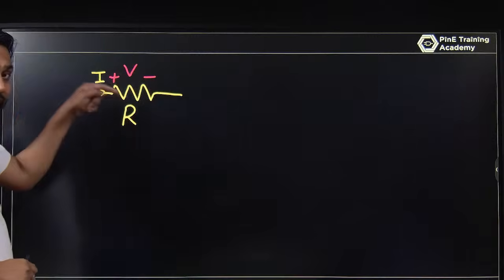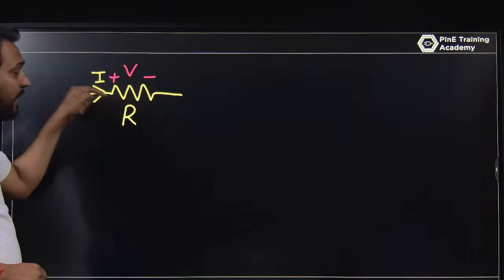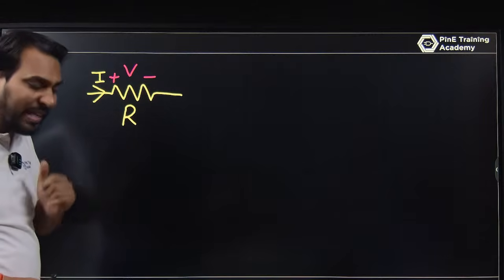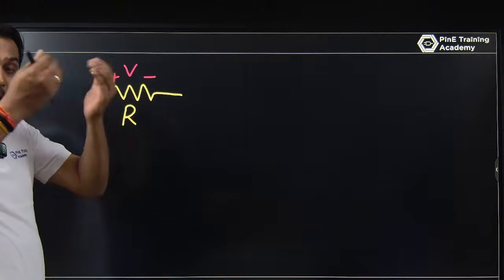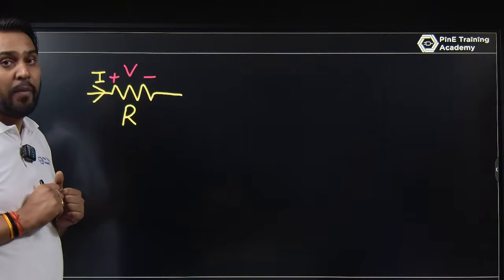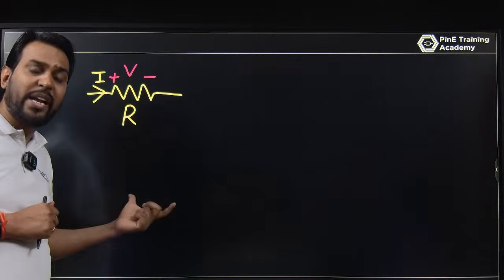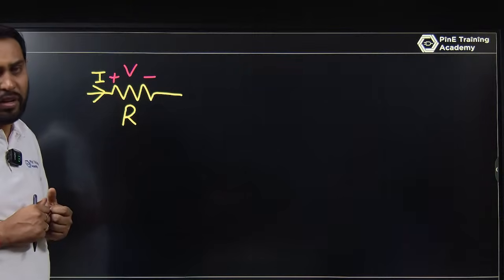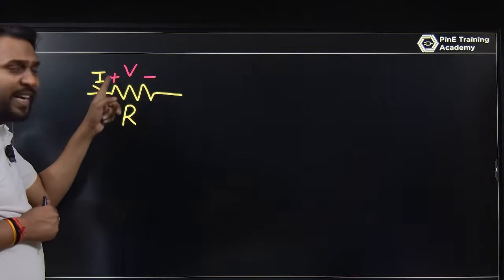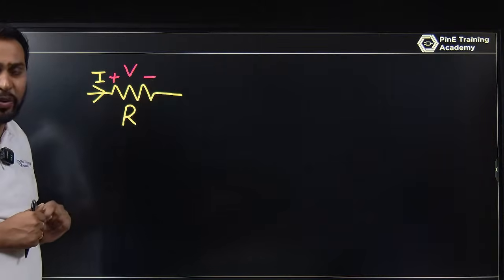If the current is entering any passive element, what is the meaning of a passive element? Those that are power absorbing or power dissipating are called passive elements. Resistor, capacitor and inductor are passive elements. So if you have a resistance and the current is entering, the first sign is positive and the second sign is negative.